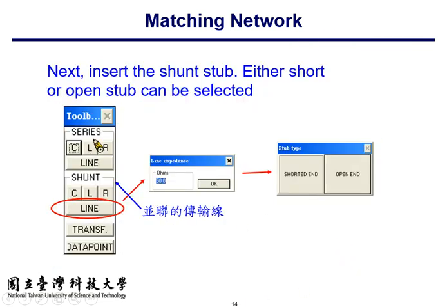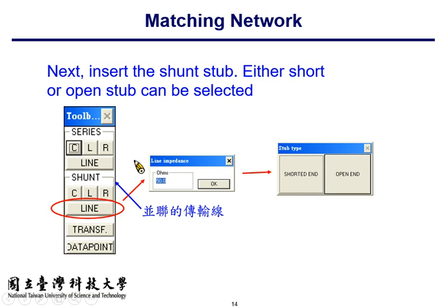All right. So in this toolbox, you can connect a shunt stub or a series stub. You can actually perform a quarter wavelength transformer by adding a transmission line in series.